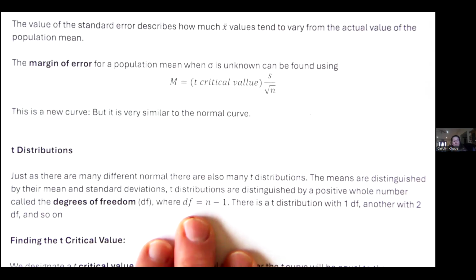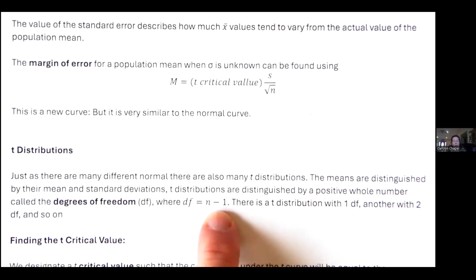So we'll have these degrees of freedom, which is equal to n minus 1, in other words, your sample size minus 1. So there's a t distribution with 1 degree of freedom, a t distribution with 2 degrees of freedom, all the way down the line. They're like multiple standardized t curves.